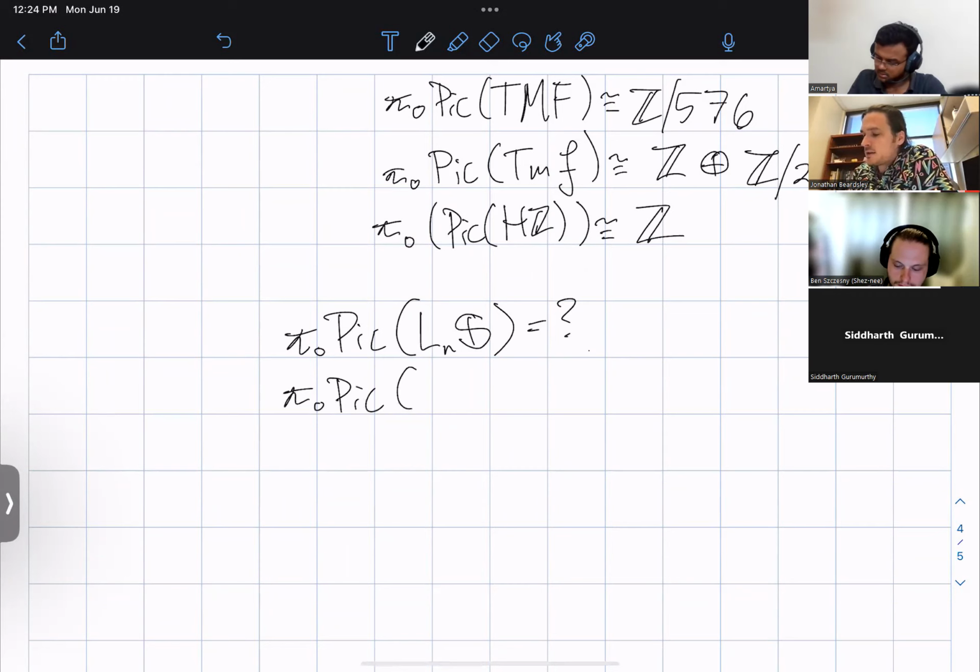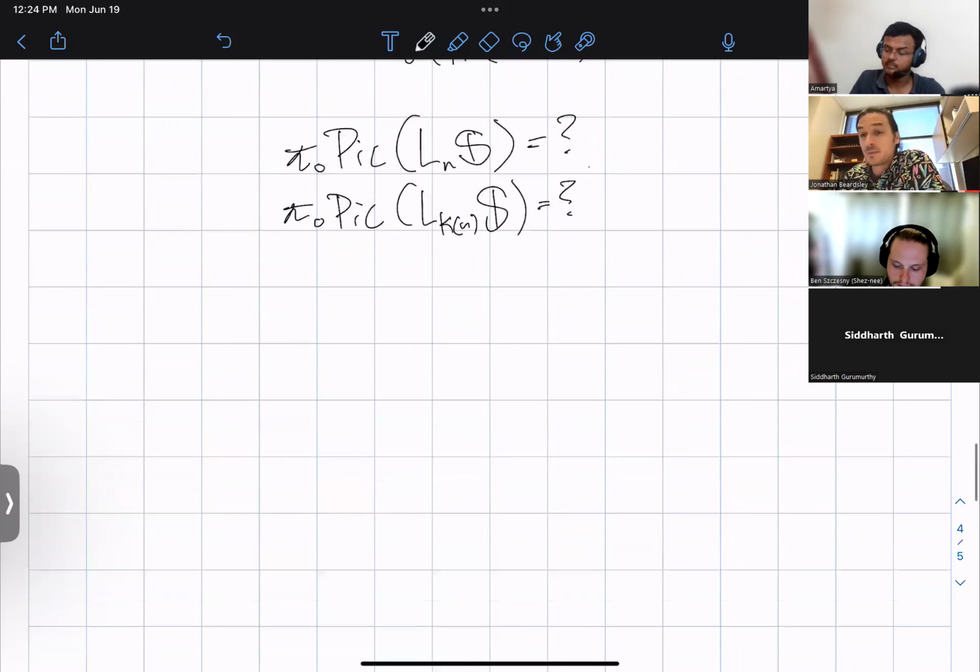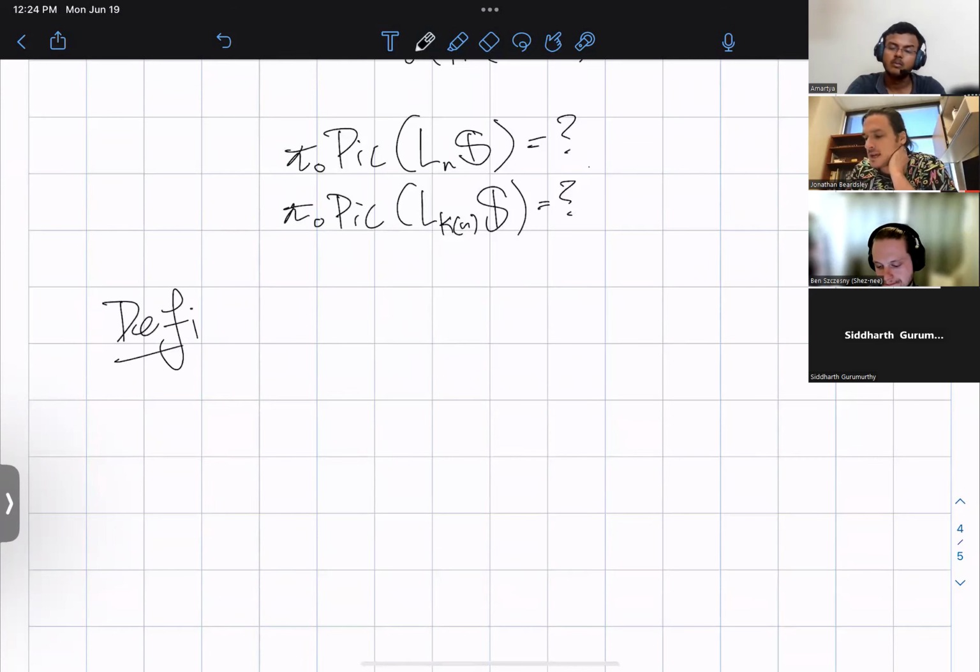And similarly for the Kn local sphere. So people seem to be pretty interested in knowing what those are. And in many cases, they're not known. All right, is that okay? Any questions or anything?